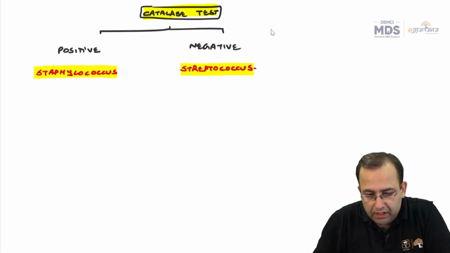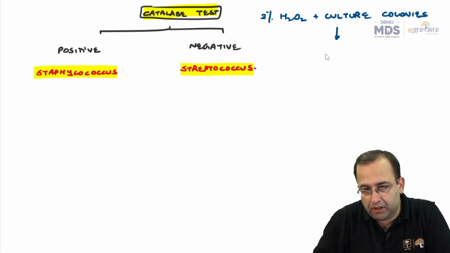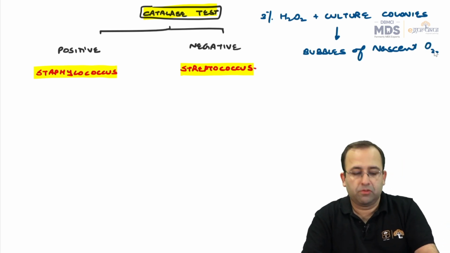In Catalase test, we just add 3% H2O2 to culture colonies, and we want to see the presence of bubbles of nascent oxygen. Staph is Catalase positive.